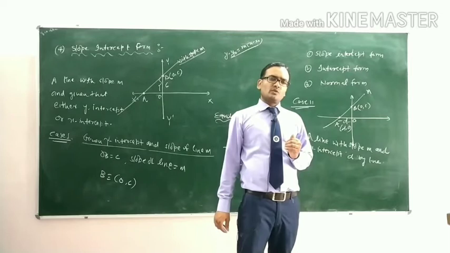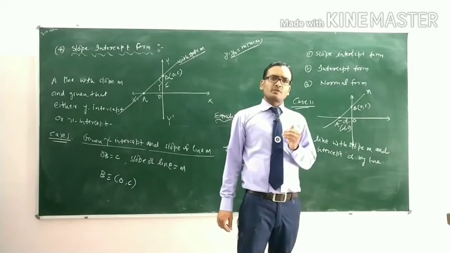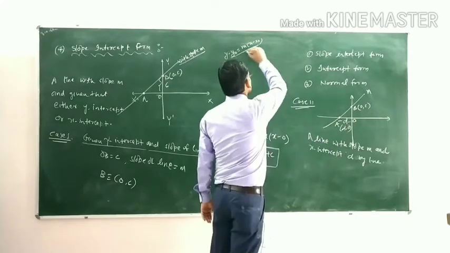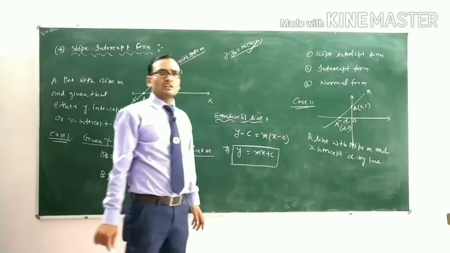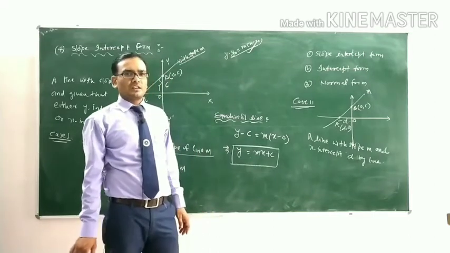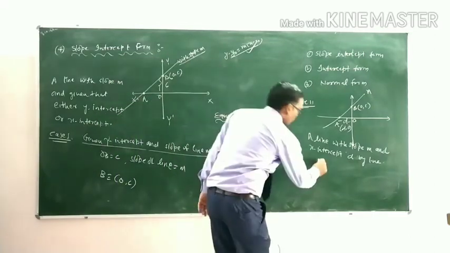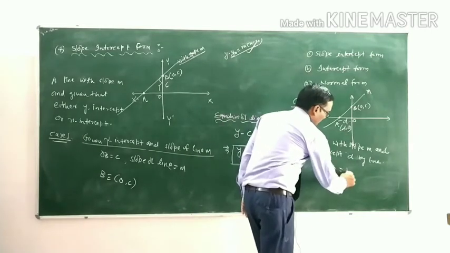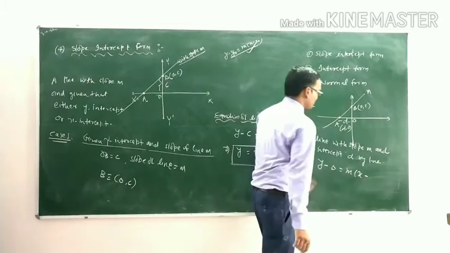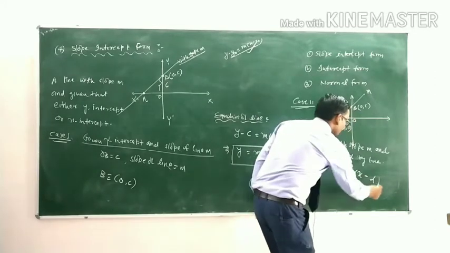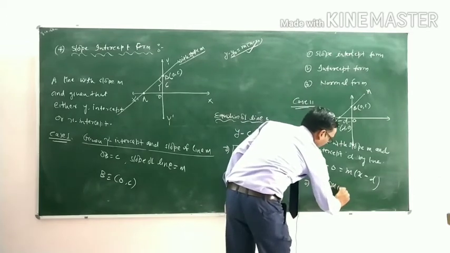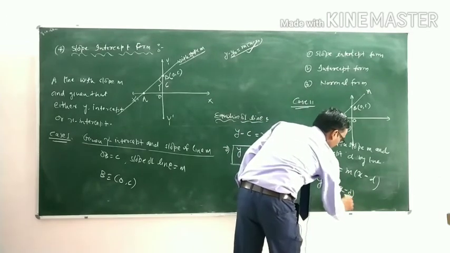We are also familiar with the equation of a straight line passing through a point with slope m. Okay students, using this formula we find the equation of the line. y minus y0, where y0 is 0, equals m into (x minus d). This implies that y equals m into (x minus d).